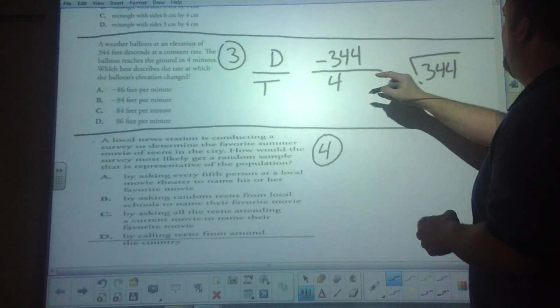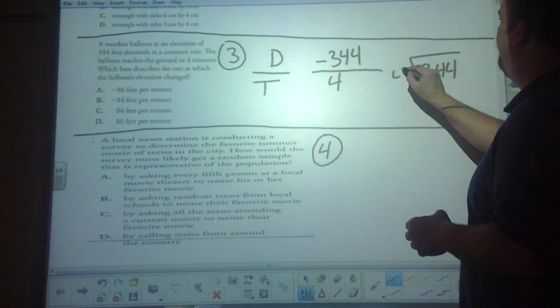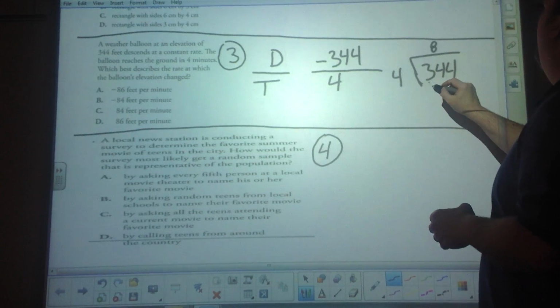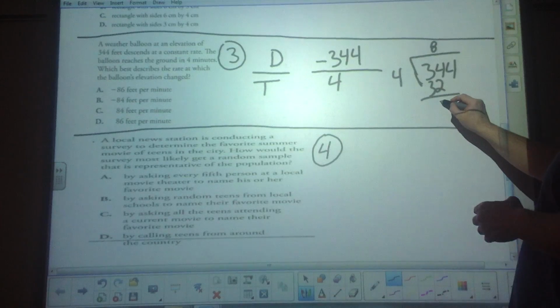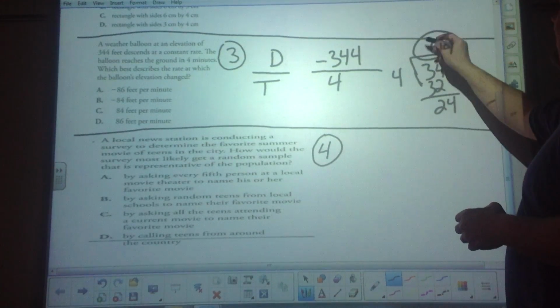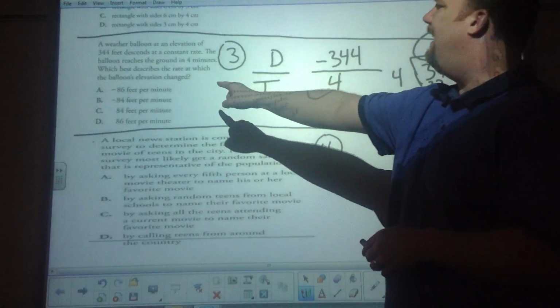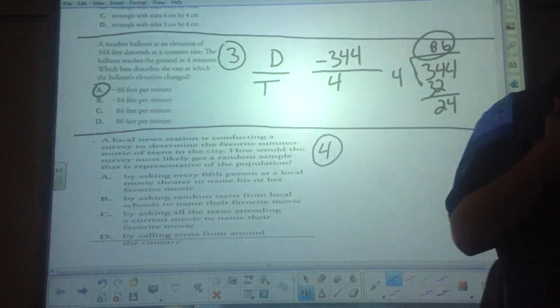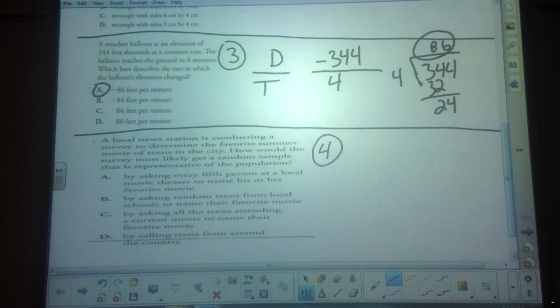We know the answer is going to be negative because a negative divided by a positive is a negative. This is 8, I believe. Yeah, 8. 32. 2, 4. And there's 6 times. So our answer is 86, but it's negative 86 feet per minute. We're talking about descension or something falling. It is going to be negative numbers.